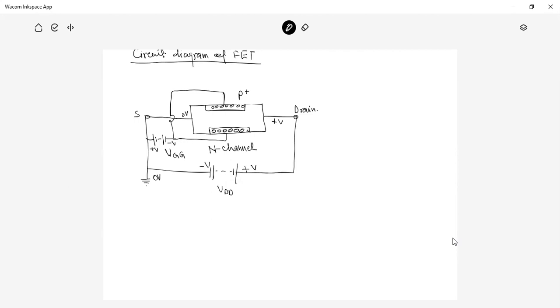So what will happen now? From the source, electrons are coming to this end, and due to the voltage, a CDR region, charge depletion region, is developed.